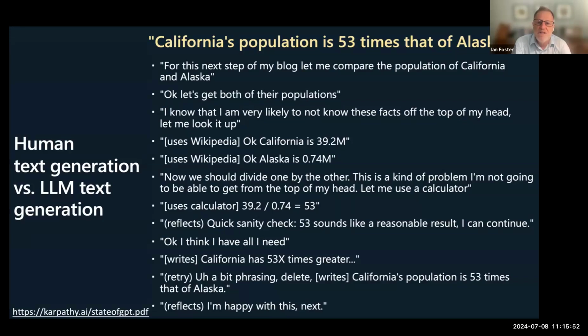He imagines writing something down, and he wants to compare the population of California and Alaska. He thinks through the steps that he might follow. We won't go into the detail, but the point is that a human solving these sorts of problems will look up some databases, for example Wikipedia, and use a tool, for example a calculator. He'll also do some sanity checking on the results in order to generate his text.